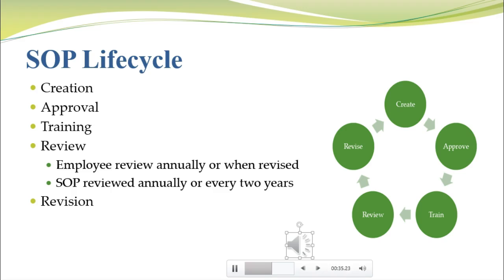If it changes, then they will have to review the revised SOP, and the SOP itself is typically reviewed annually or every 2 years just to make certain that the procedures outlined in it are still valid and still what we do. So there's that aspect of review the employee does to make sure they know the SOP, and then the review that a corporation does to make sure that the SOP is still valid.